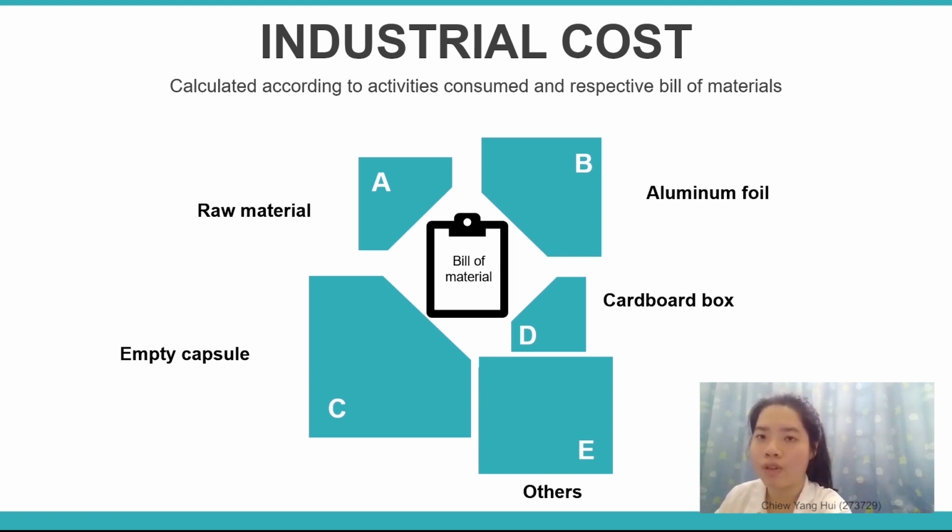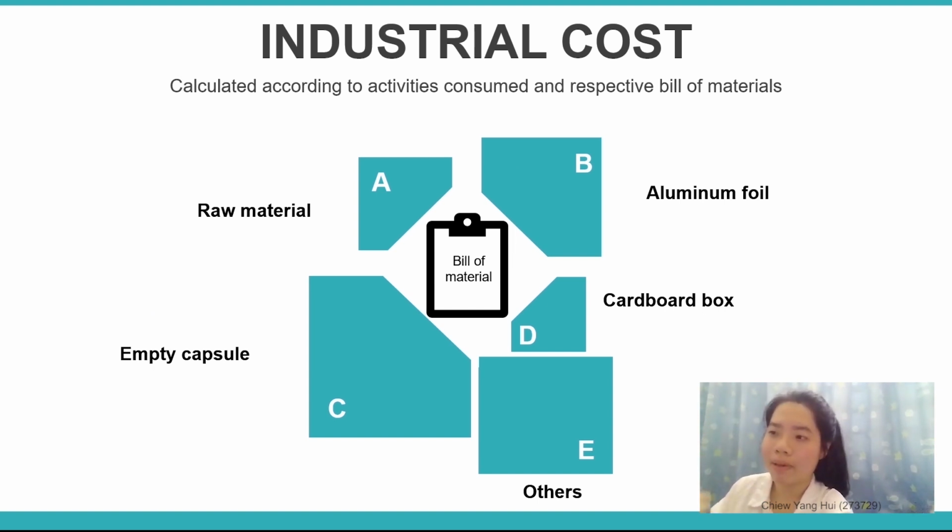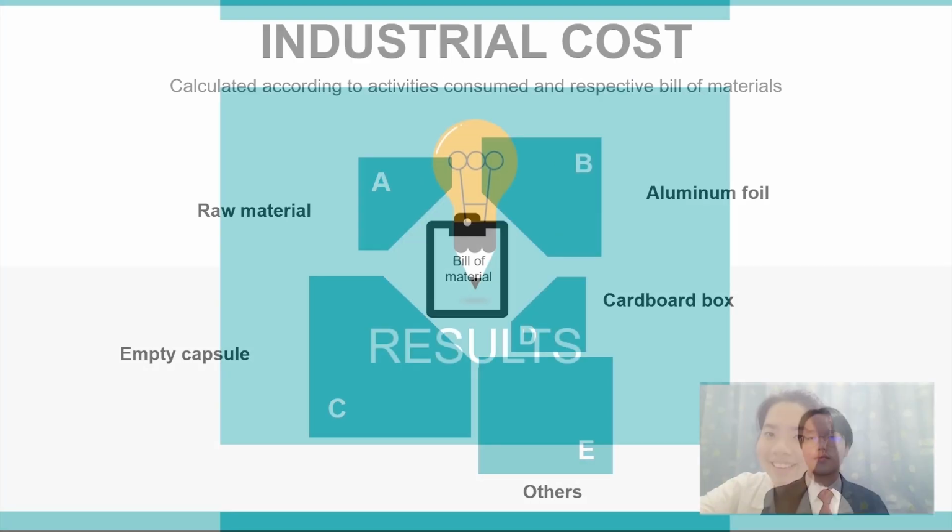It is not allocated to activity cost but directly to the final industrial cost due to the fact that the relationship between the material and the product is linear. At last, we can now compute the industrial cost by summing up the cost of direct materials, direct labor, and also overhead costs. Thank you.